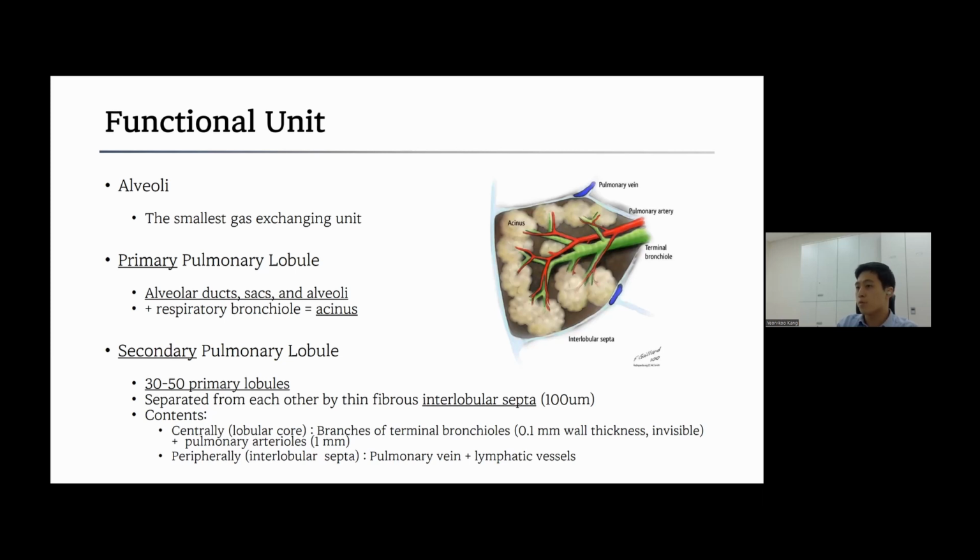In the core of lobules, a branch of terminal bronchioles and pulmonary arterioles are present. In the periphery of lobules, which are also called as interlobular septa, pulmonary veins and lymphatic vessels are present.